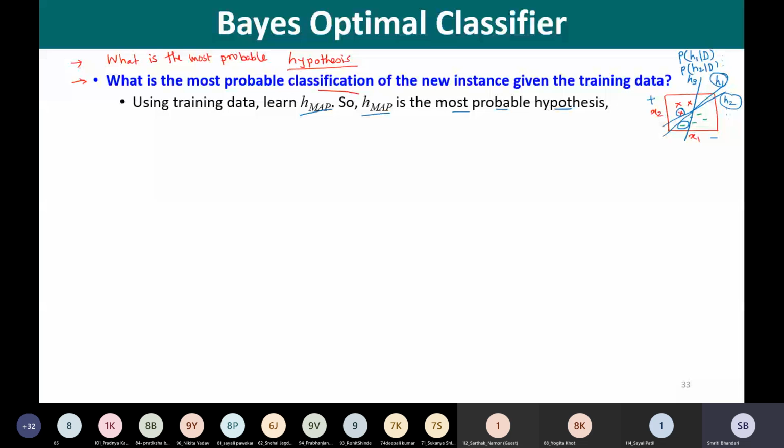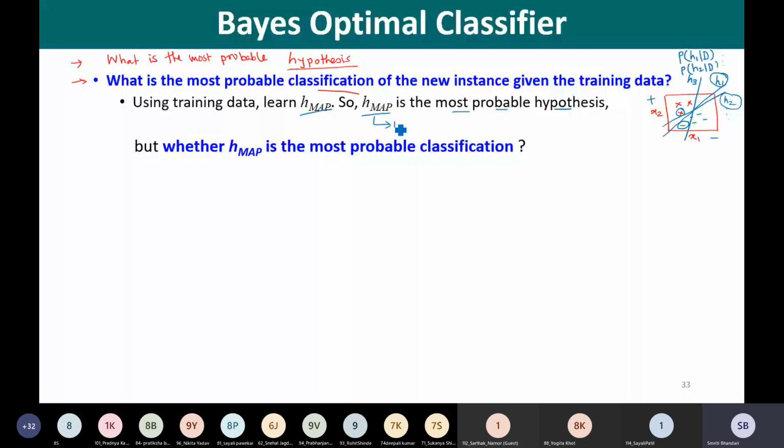So if we use the earlier concept that we have learned and try to find H map, this is not the most probable classification, though it is giving us the most probable hypothesis. So this is giving us the most probable hypothesis, but it is not giving us the most probable classification.